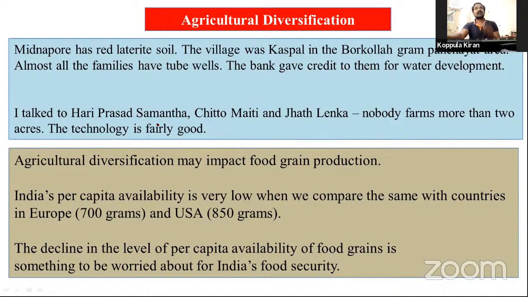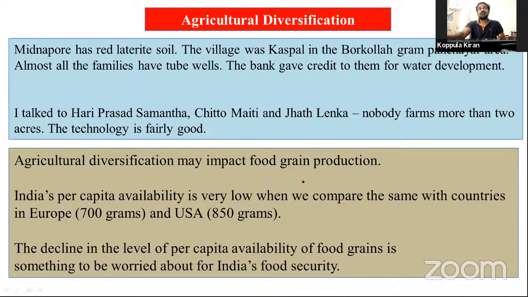Recently, our Telangana government, the chief minister, announced that we should change our crops to those which are important in the market, to get more profits or benefits. That's it. Agricultural diversification may impact food grain production.